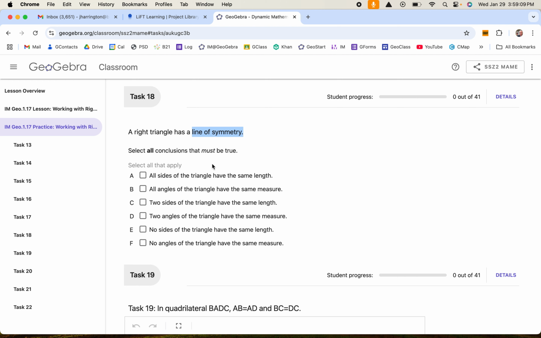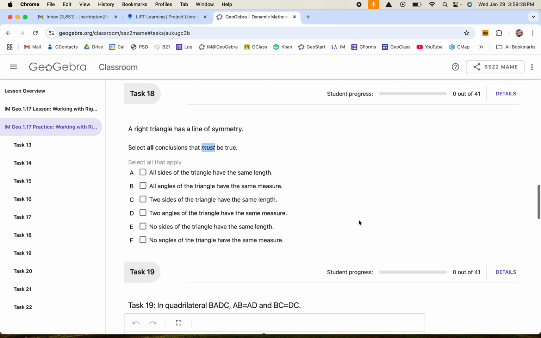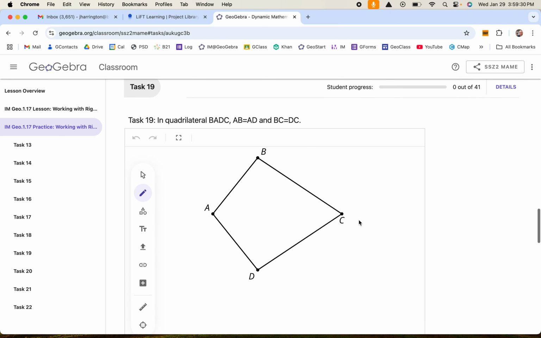Select all the conclusions that must be true. Which of these statements must be true of any right triangle that has a line of symmetry? Any right triangle we can come up with that has a line of symmetry, which of these must be true for that triangle?